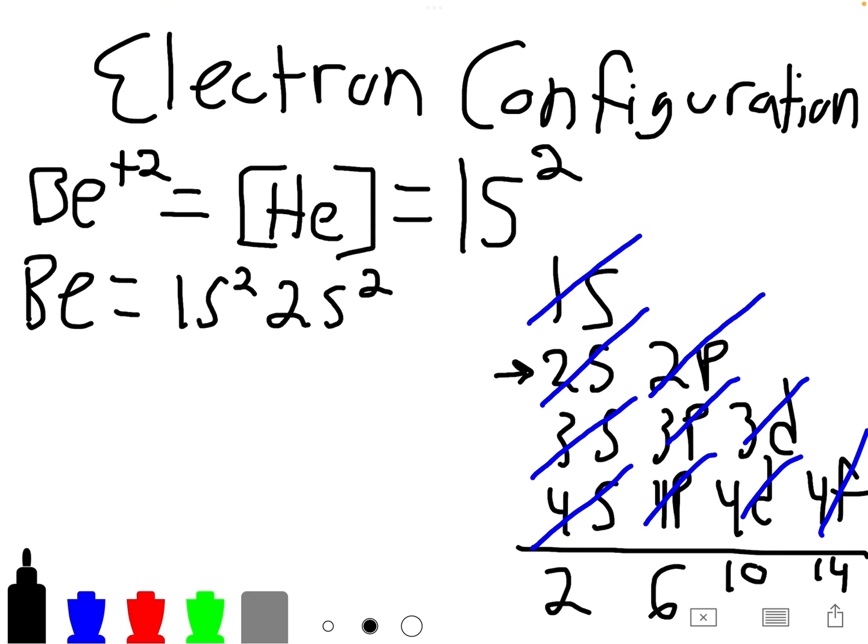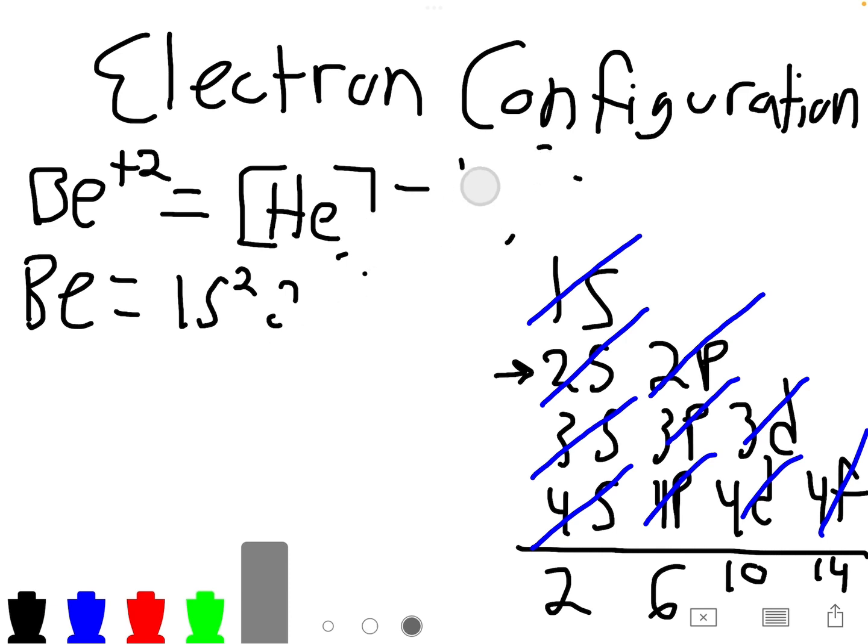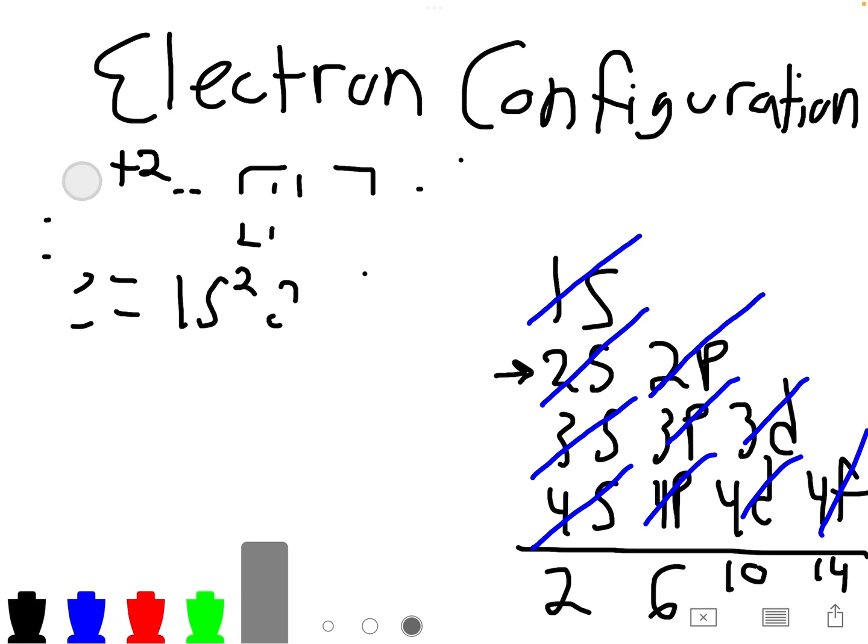So that is the noble gas configuration for beryllium and the electron configuration for beryllium. Moving on.